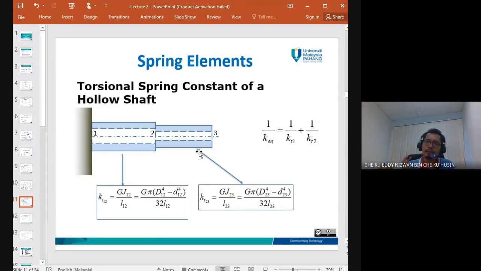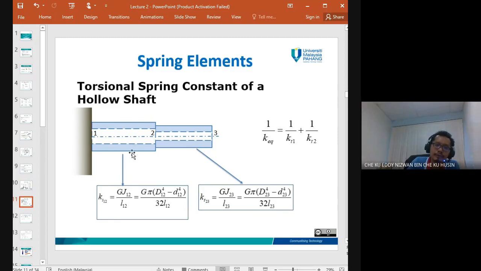The equivalent stiffness is based on the stiffness for this part plus the stiffness for this part. First, you have to identify whether both shafts are in series or parallel. This one is KT1, this one is KT2. KT1 is considered from point 1 to point 2, and point 2 to point 3. So there are two different stiffnesses because the geometry is different.